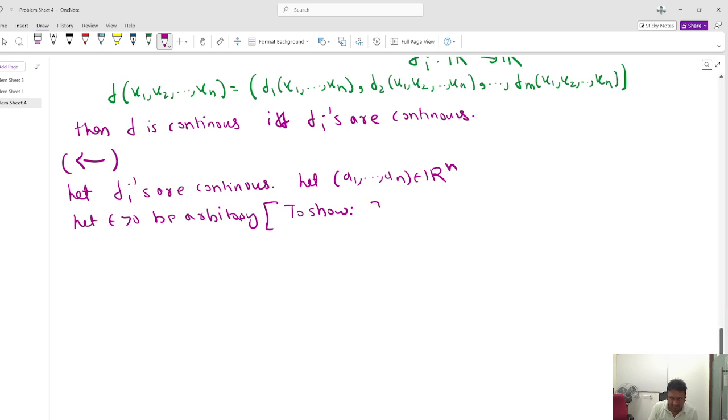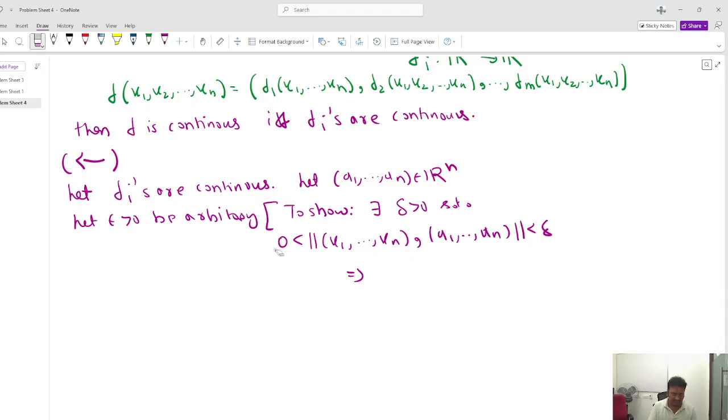what we have to show is that there exists a delta bigger than 0 such that whenever the norm of x1, meaning the Euclidean distance, between these 2 points x and a1, an is less than delta, this should imply, oh, we are doing continuous. So no need to have this.